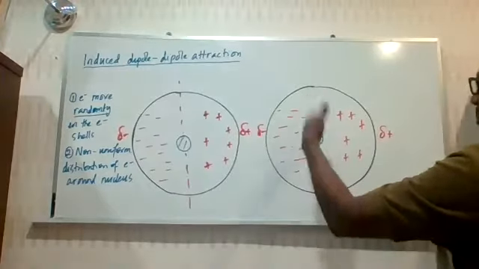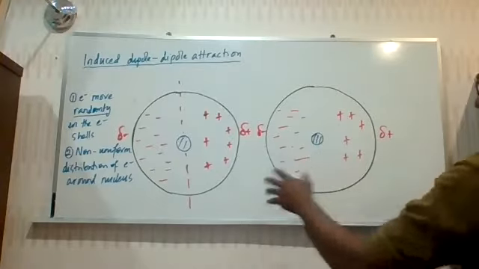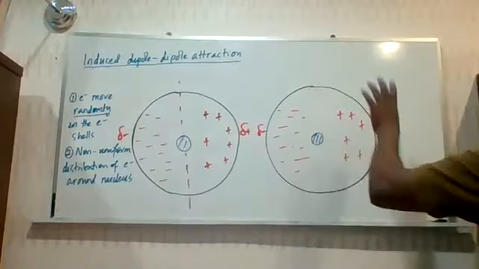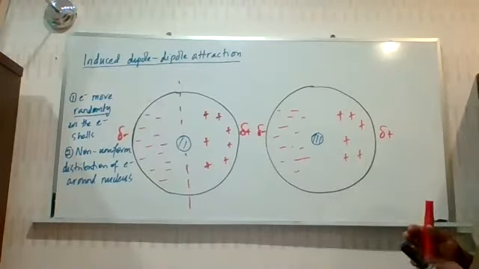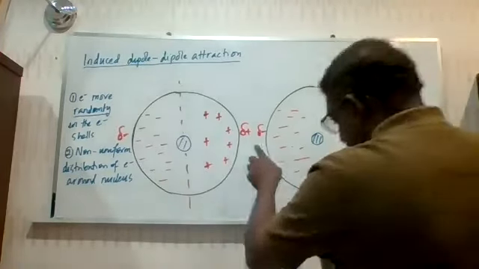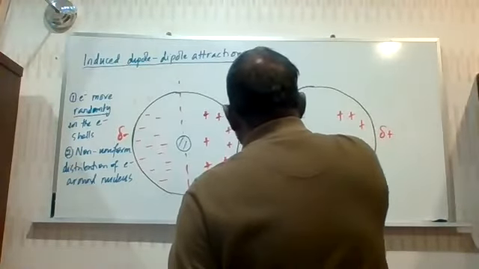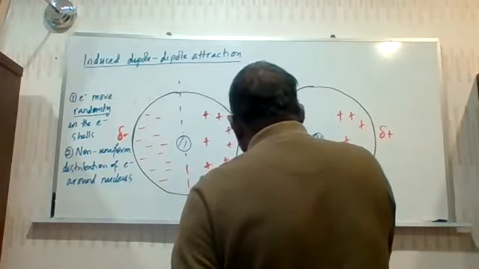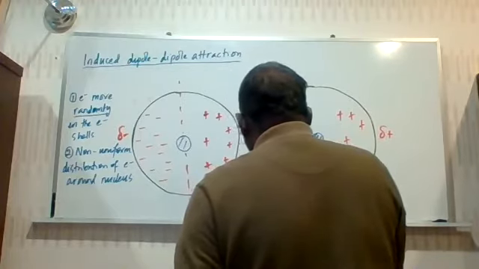And imagine this goes in a three-dimensional direction. It goes in all directions. So when one becomes a dipole, the rest are induced to become dipoles. And throughout in a three-dimensional fashion, you have what we call induced dipole-dipole attraction. The attraction between these two, the attraction between these two, the attraction between these two. This is what we call induced dipole-dipole attraction.